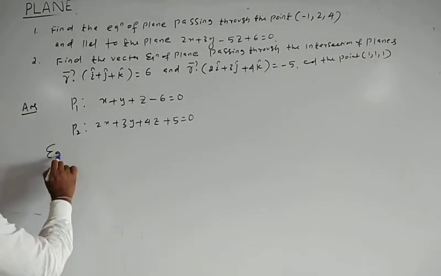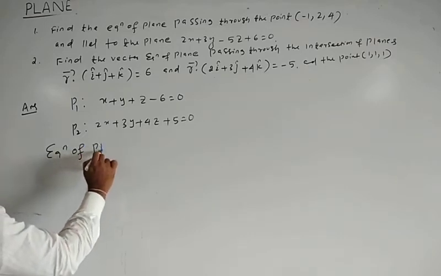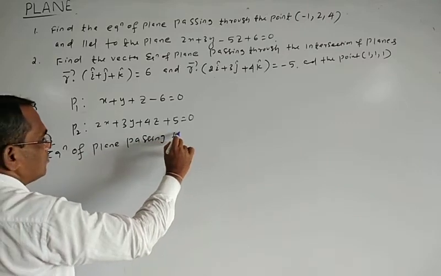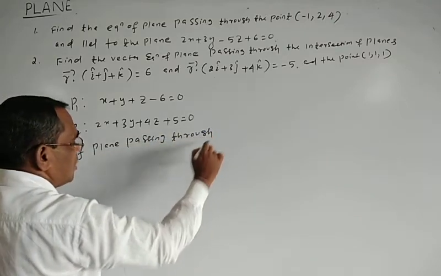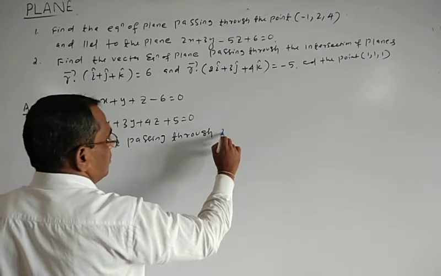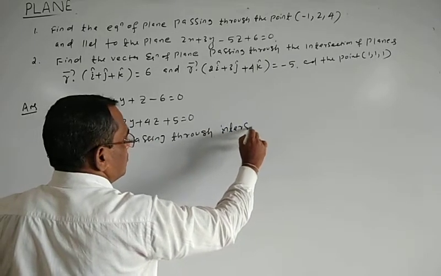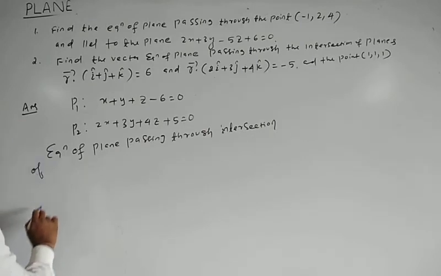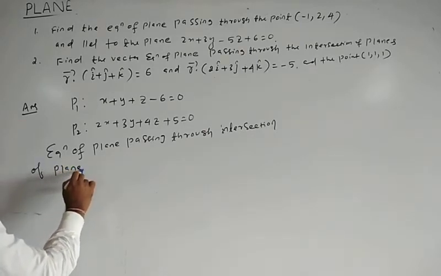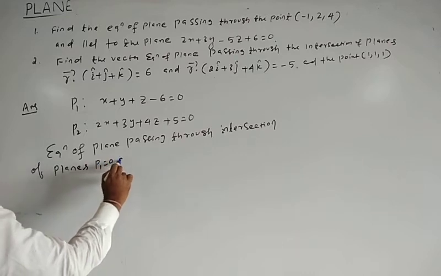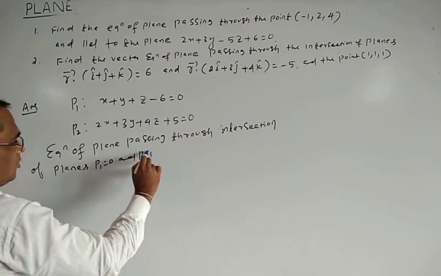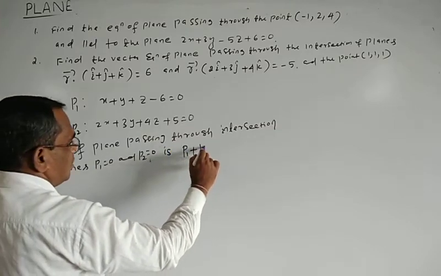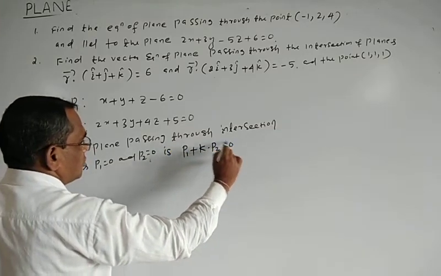Now the equation of a plane passing through the intersection of planes P1 is equal to 0 and P2 is equal to 0 is P1 plus K into P2 is equal to 0.